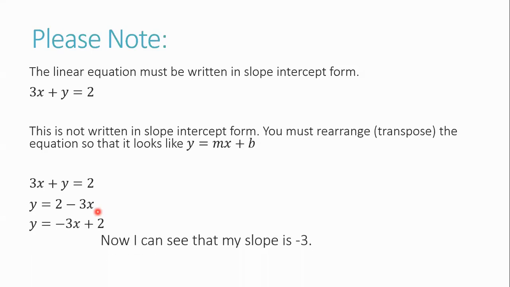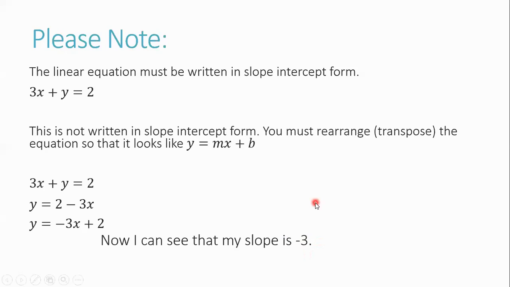And so we can just rearrange it like how we did the other example to negative 3x plus 2. And so now it looks like y equals mx plus b. And now I can see that my slope is negative 3. Any questions? Was that clear enough?